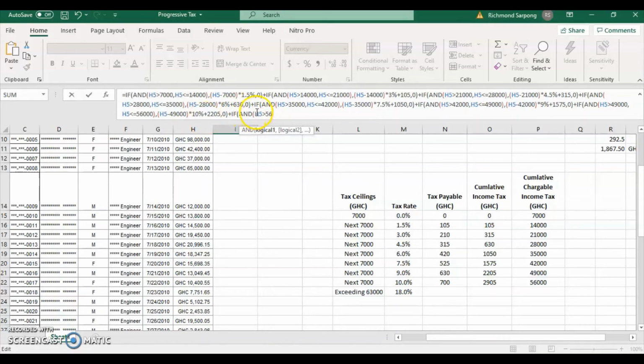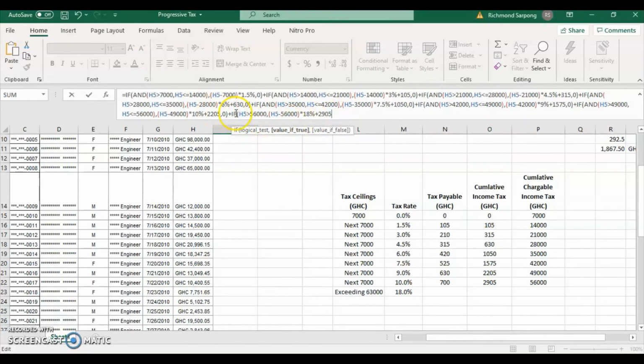This time around, I will not bring the IF in, but minus 56,000 multiply by the 18% threshold rate plus 290.